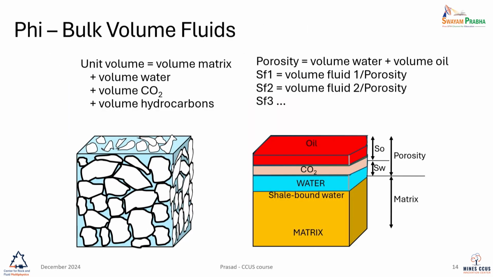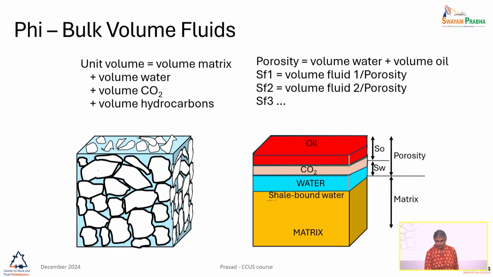Okay, how do these fluids reside? This is my rock volume, this is the matrix, very crude depiction, I am not an artist. The blue is all pore space. If I divide them up, then I have the matrix over here, some part of it is shale.